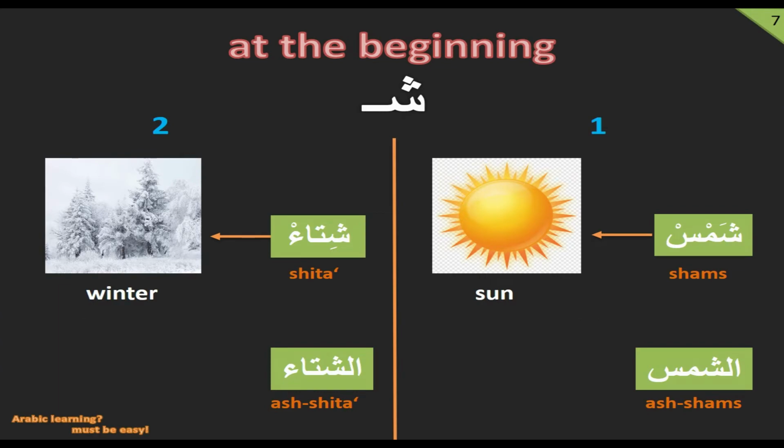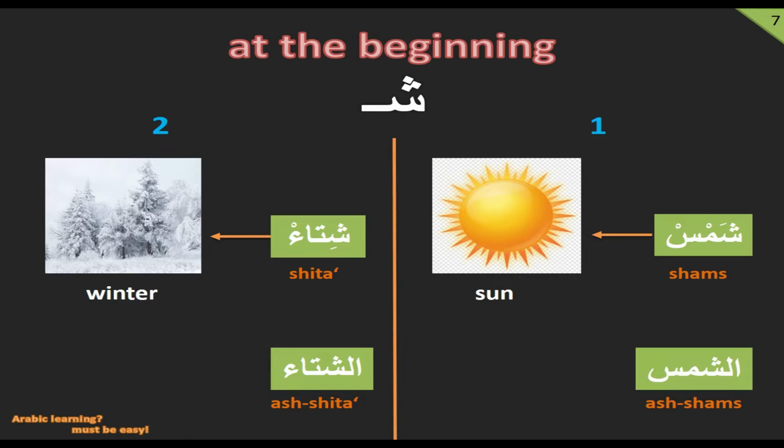Here we have 2 examples of the first form of the letter Sheen at the beginning of the word. As simple examples, we have here the noun shams. So, fatha on Sheen, sukun on meem, and sukun also on sin.